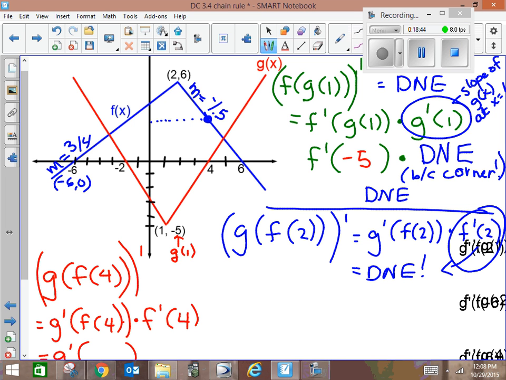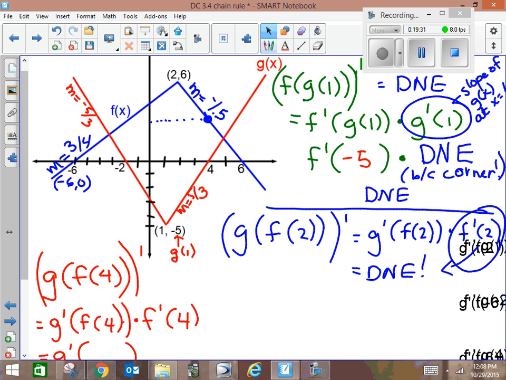Go ahead and find this red slope right here. Yep, good job. We don't want to use a decimal for that because it's not pretty. Okay, go do that last one.